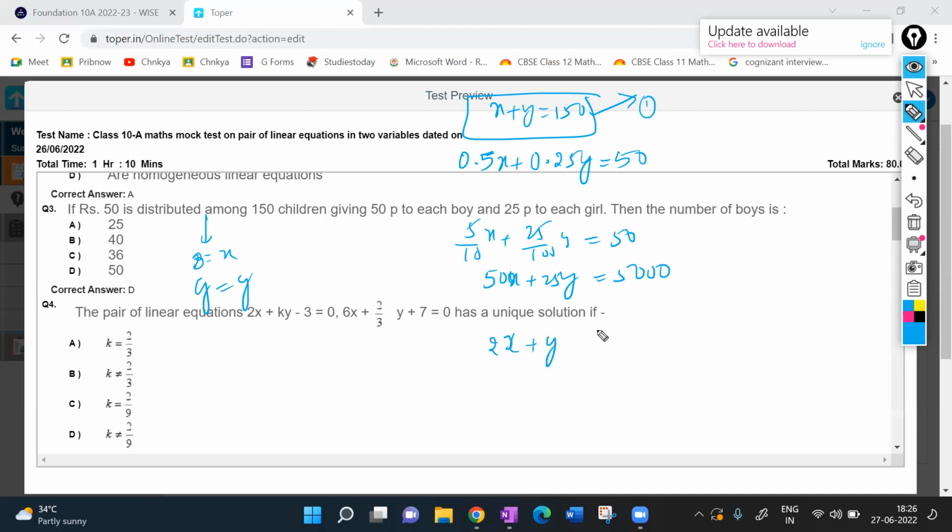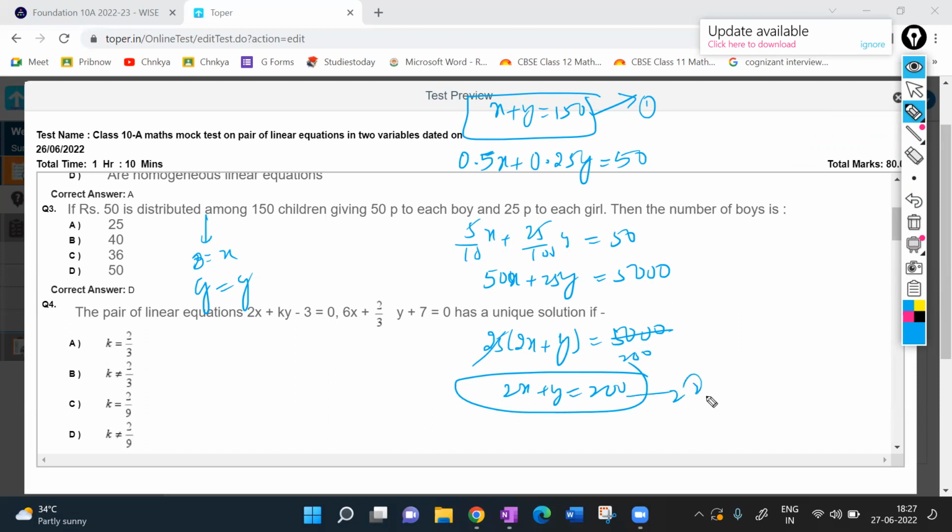So 2x plus y is equal to 200. Am I correct? Taking 25 common, 2x plus 1y is equal to 200.